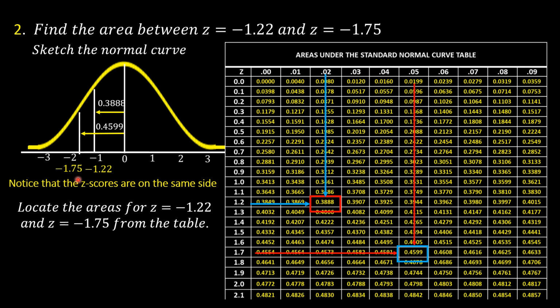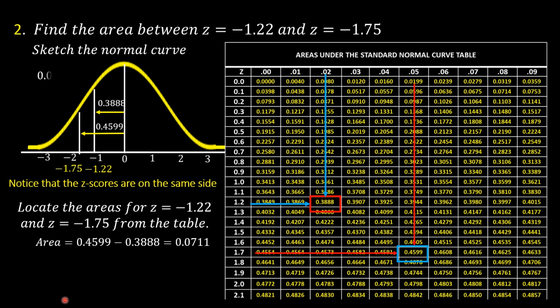To find the area between z is equal to negative 1.22 and z is equal to negative 1.75, we must subtract 0.3888 from 0.4599. So area is equal to 0.4599 minus the 0.3888.